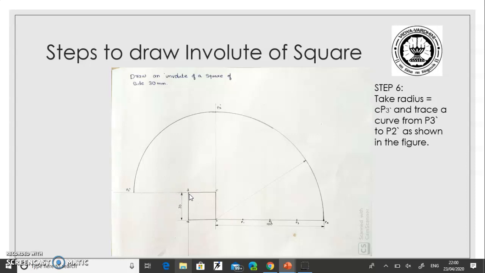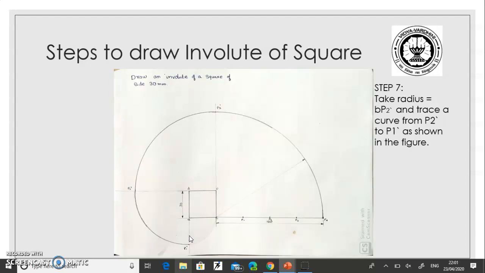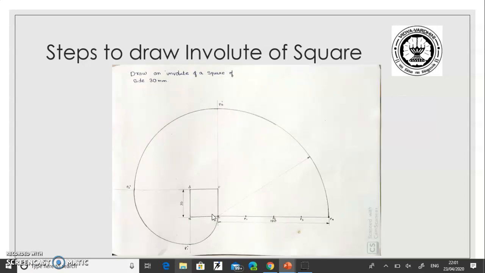Next one will be the radius equal to D P2 dash, and then we will draw one arc up to the tangent drawn from A. Then we will take distance equal to A P1 dash and complete the curve. This is how we are able to draw the involute of a square.